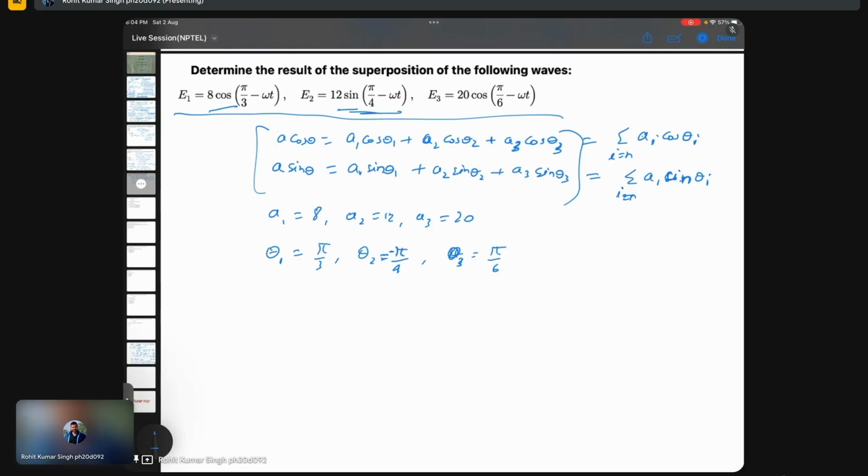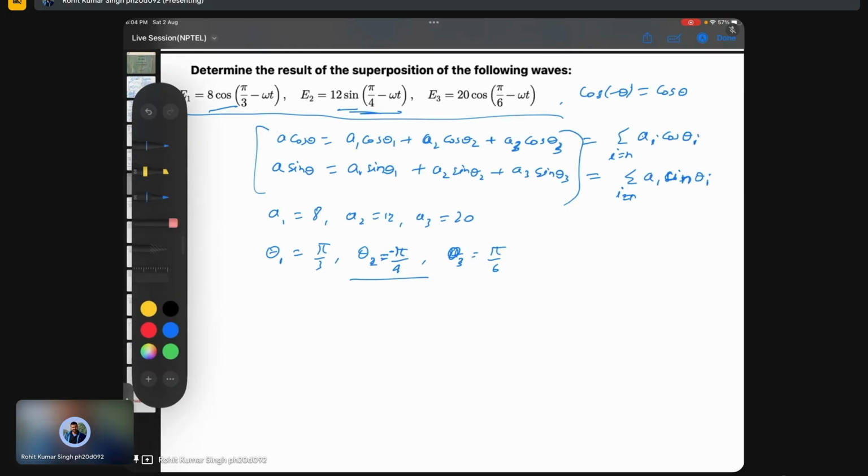Because cos minus theta is equal to cos theta, but not for sine, right? So for sine, the phase will be minus pi by 4. Okay, is this fine?